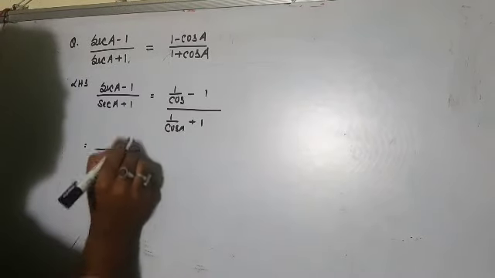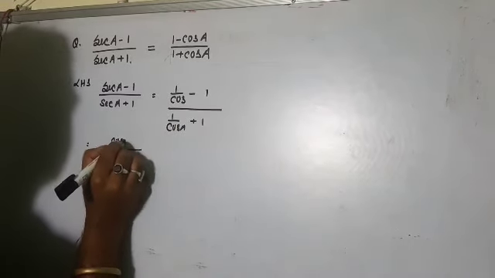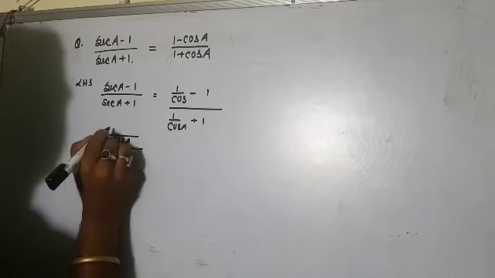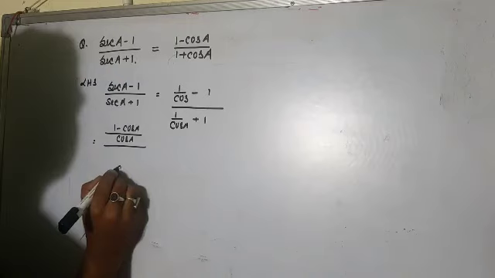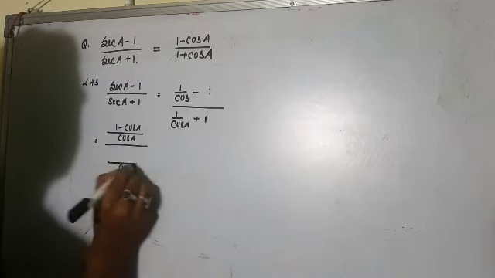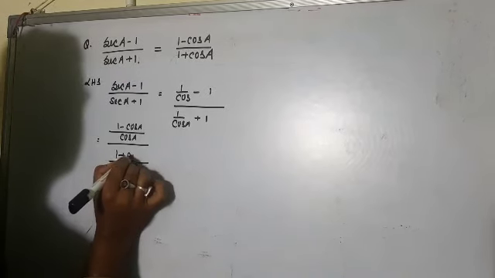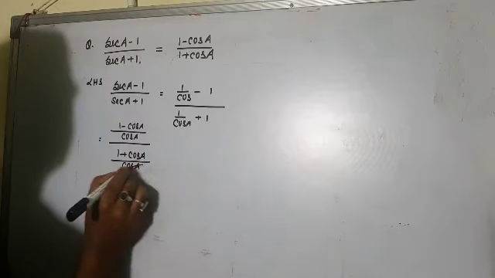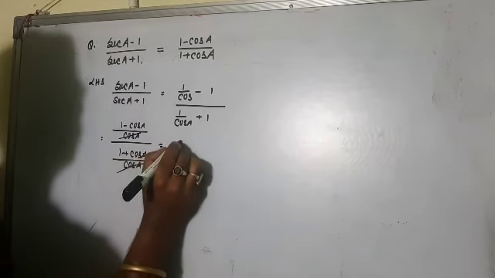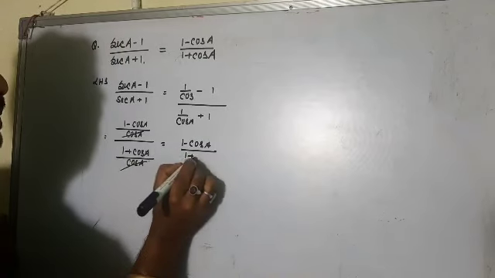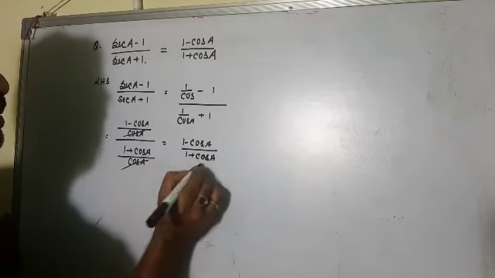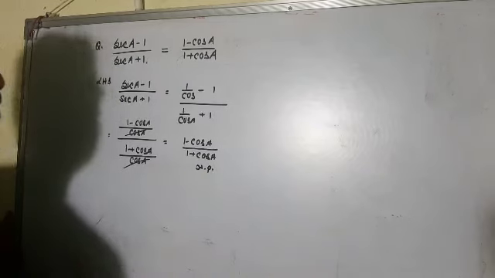Here LCM is cos a, so here 1 minus cos a. Again here also LCM cos a, and here 1 plus cos a. So this cos a cancels. Therefore 1 minus cos a by 1 plus cos a. Hence proved.